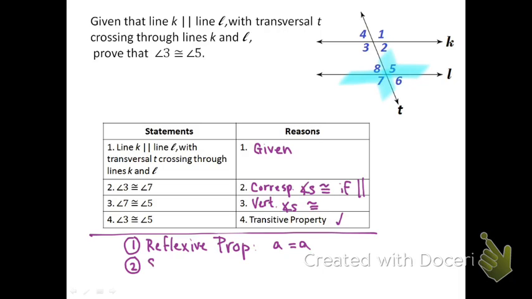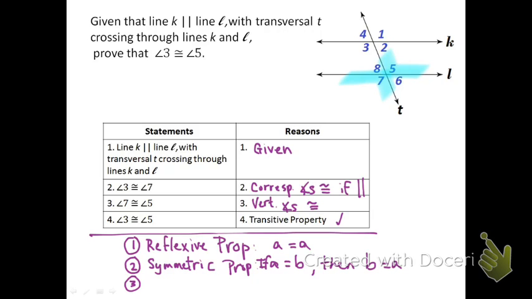Next we have the symmetric property. The symmetric property of equality says that if A equals B, then B equals A. Well, if A equals B, then B also equals A. Sounds logical, I hope. And to the third one, these come in trios.